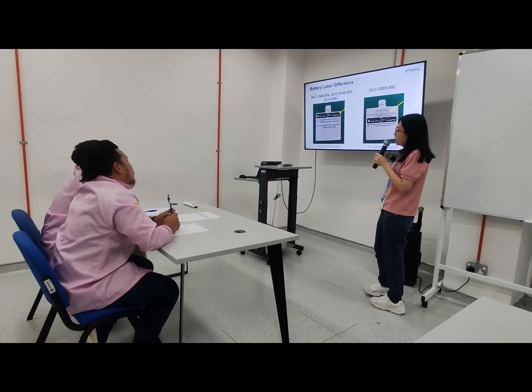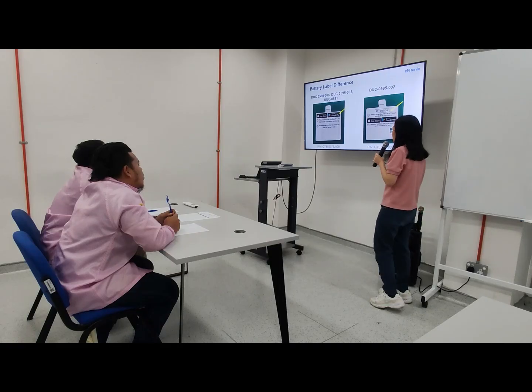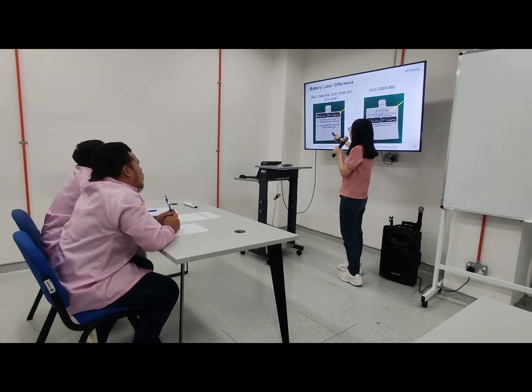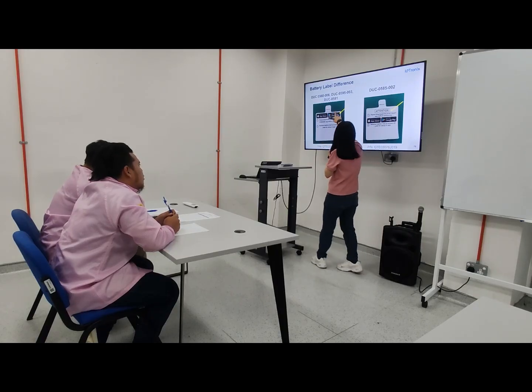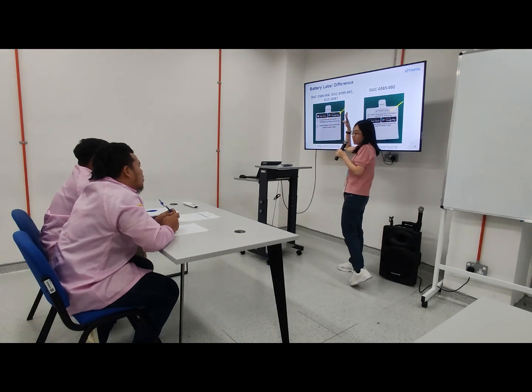Okay, next is about the battery label. The battery label is also based on model differences. This one is model 560, 595, and also 581. The differences are huge. This one, the App Store and Google Play logo is upward.